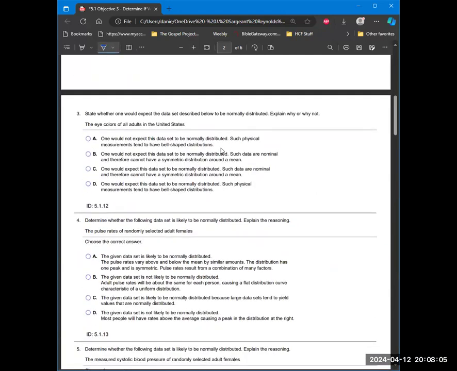Now state whether one would expect the data set described below to be normally distributed and explain why or why not. The eye colors of all adults in the United States. And you would not expect this data to be normally distributed.